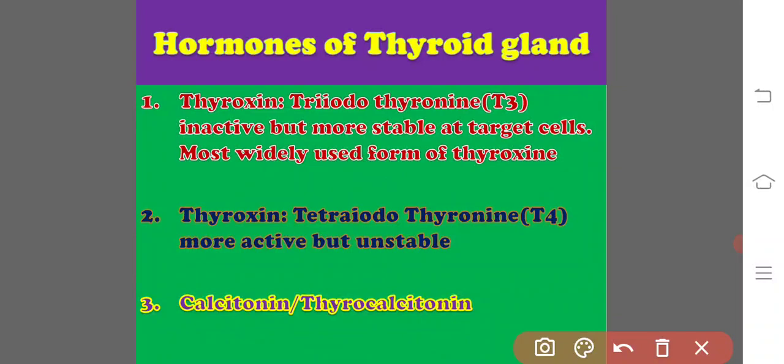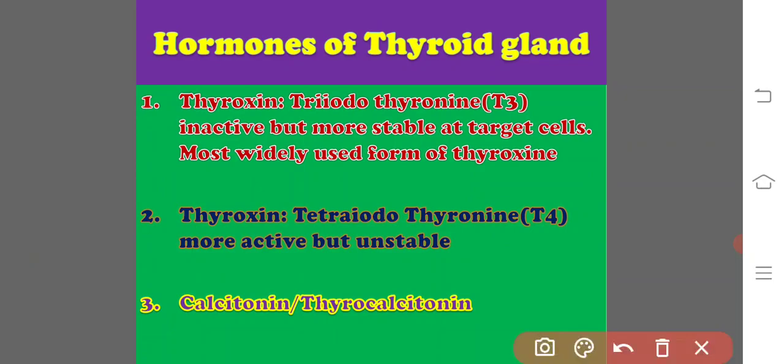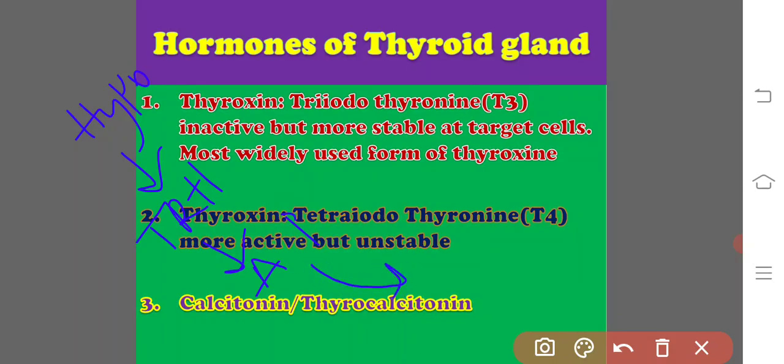How is it being produced? For example, here there is the hypothalamus. The hypothalamus produces TRH, thyrotropin releasing hormone. It acts upon the anterior pituitary. This anterior pituitary, upon stimulation, produces TSH, thyroid stimulating hormone.